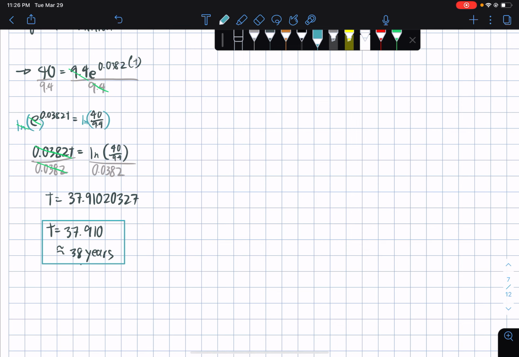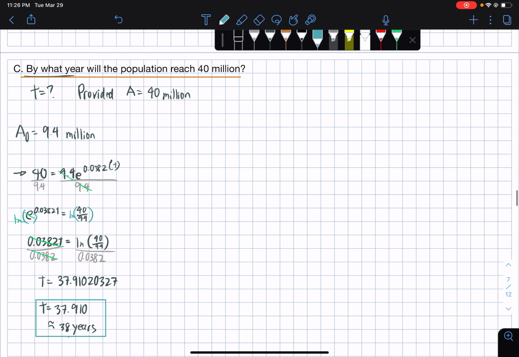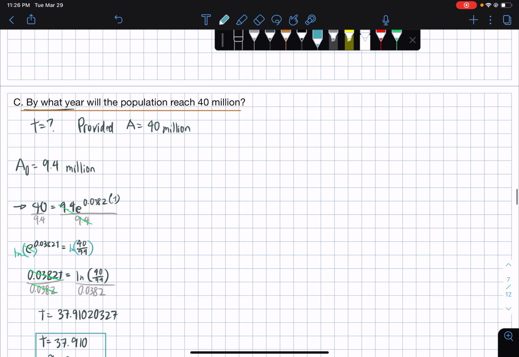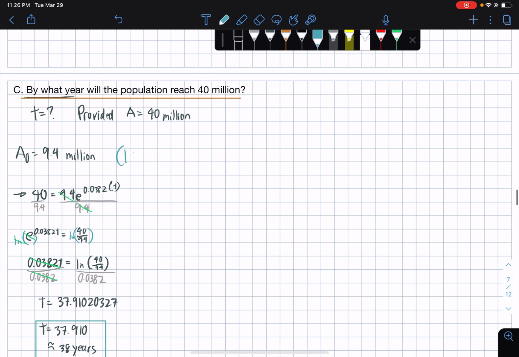The population of Mexico City will reach 40 million after 38 years, provided that the population starts from the year 1970, since our initial population is based on the 1970 population, 9.4 million people.